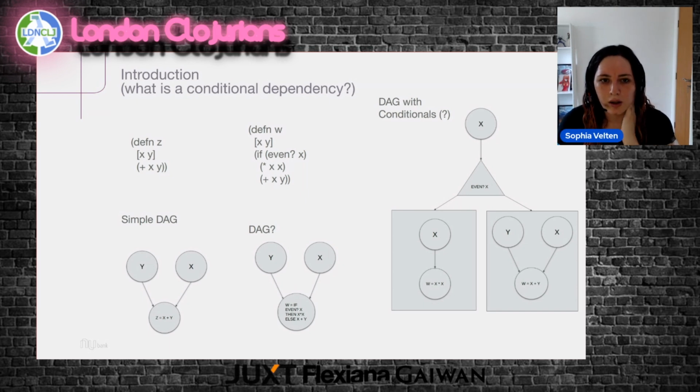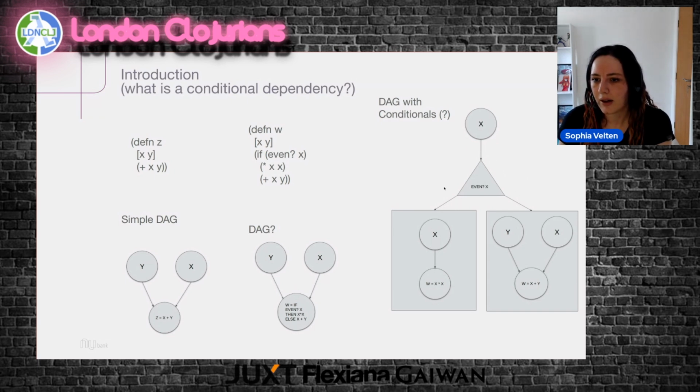So how do we express this with a DAG? It's not straightforward to do it, and that is not a proper way of expressing this kind of conditional dependency. So instead we have to go with another thing, and I don't know what this thing should be called, but it's something that might look a bit more like the thing on the right. So you have a conditional, and the conditional depends on x, right? You need x to calculate the conditional.